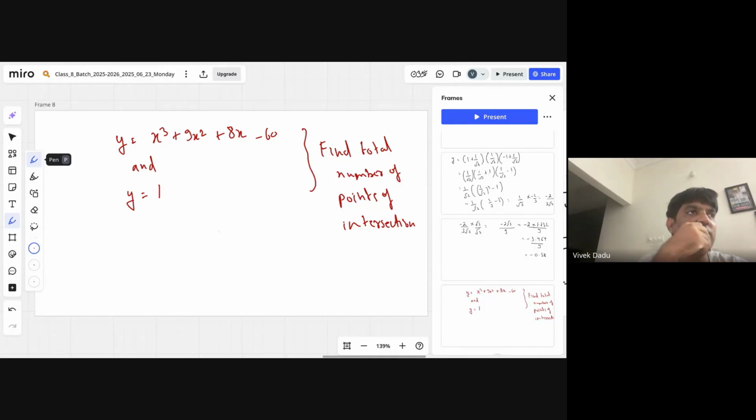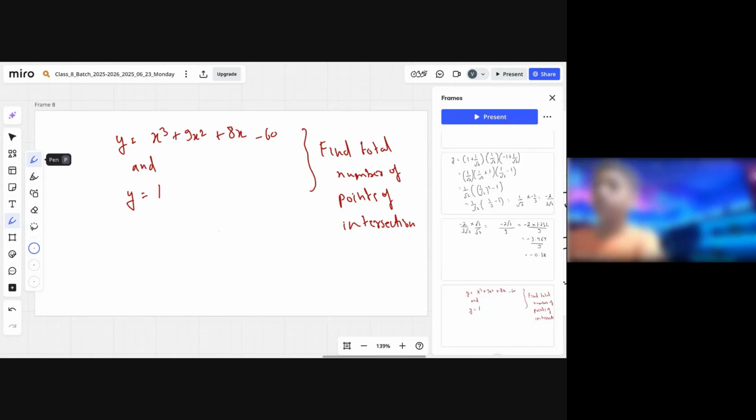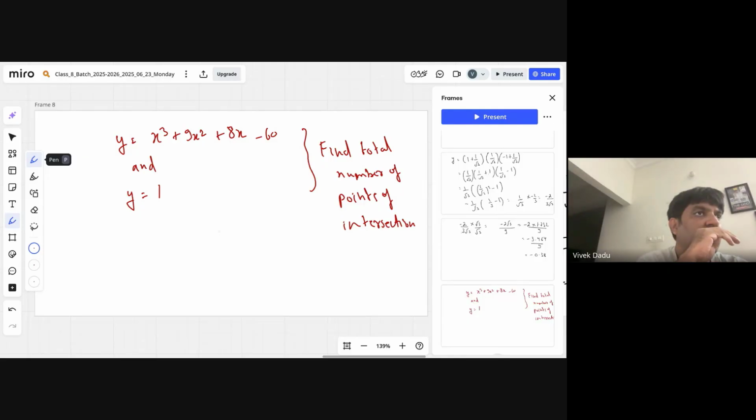Okay, not bad, Akash, by the way. Sir, can we take the estimated value of the square root? Yeah. Not bad at all, actually.